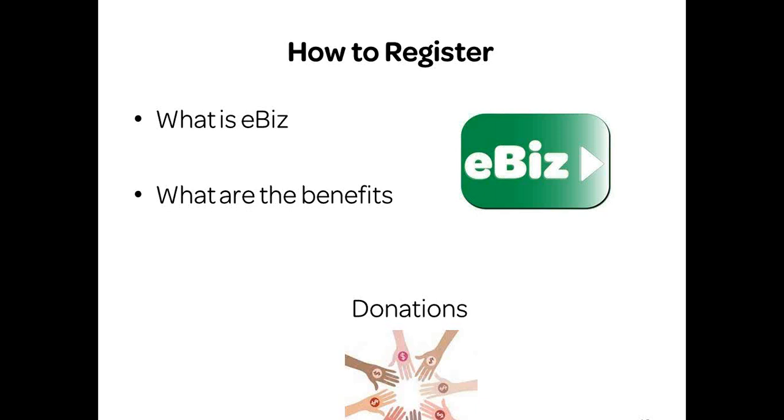Okay, so now we're going to talk about a little bit of the eBiz basics. How do you register? What is eBiz? eBiz is our online registration system for membership registration, camp, training, programs. It stands for e-business. The best thing we tell everybody to do is, we don't recommend forwarding links to the registration site.